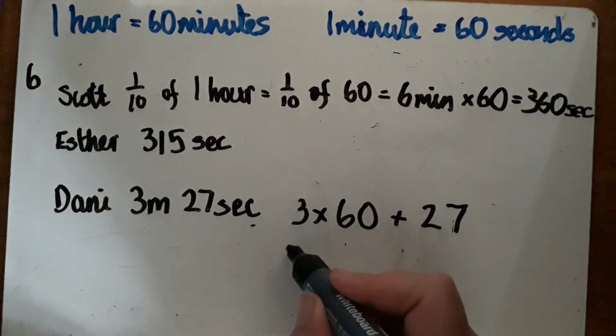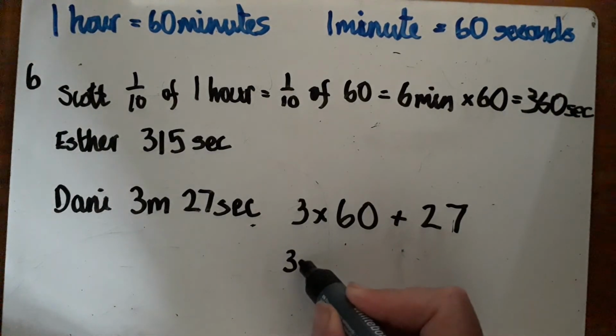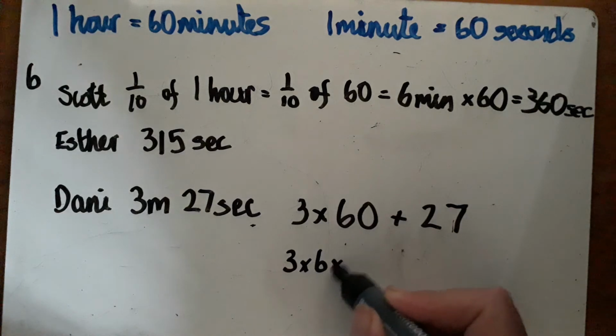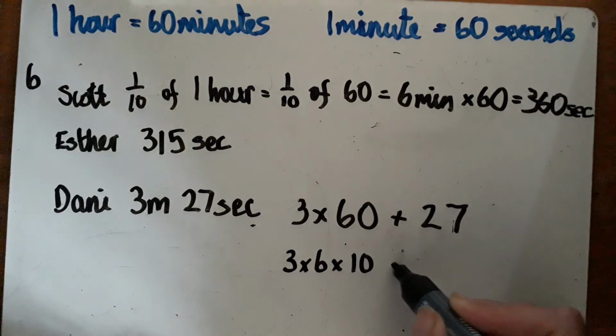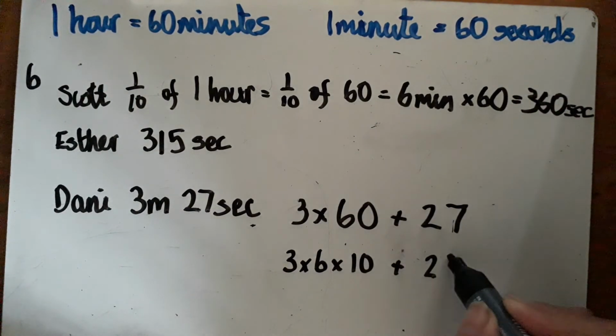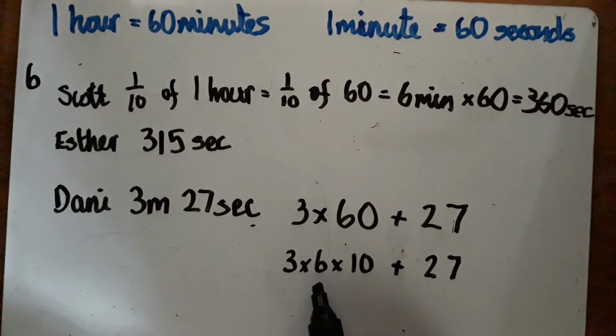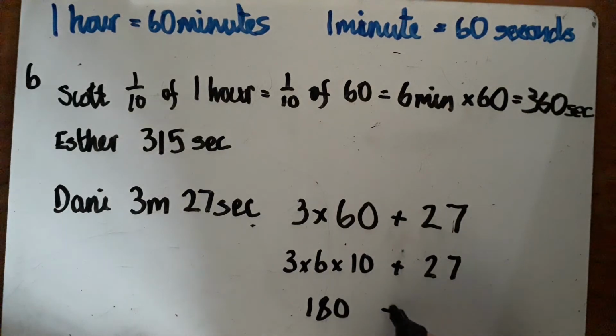So I can do 3 times 6 times 10 and then add the 27. So 3 times 6 is 18 times 10. So it moves one place value up. So we get 180 plus 27.